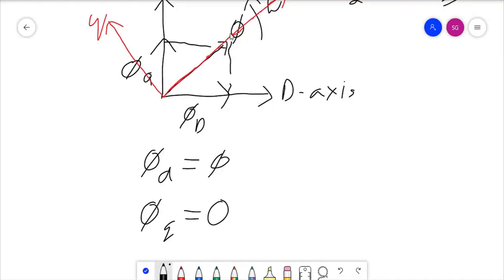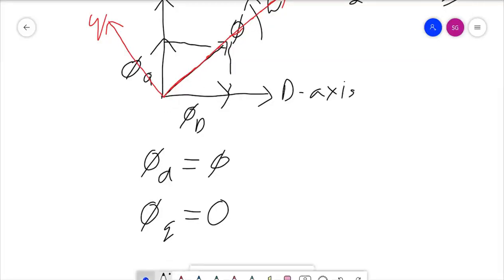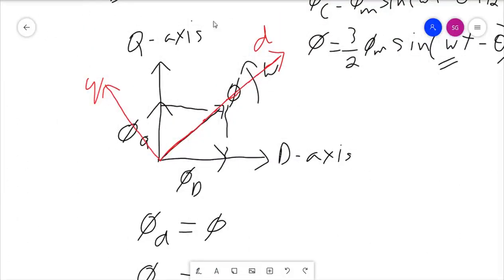So always on this small d axis, this phi will be constant, and on this small q axis it will always be 0. There will be no flux in this direction.